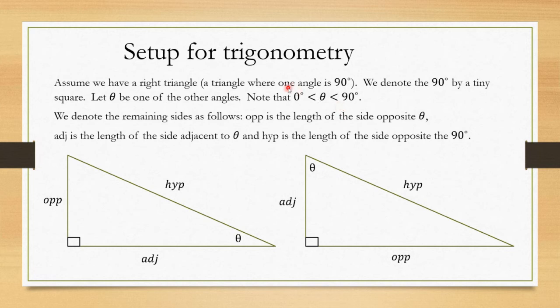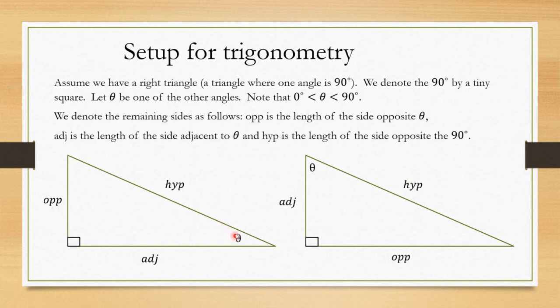Okay? Now, again, that's a triangle where one of the angles is 90 degrees. Generally, the way we denote the 90-degree angle, we're going to use a little square like this. That tells you this angle is 90 degrees. And we're going to let theta be one of the other angles. Theta. That's this Greek letter.